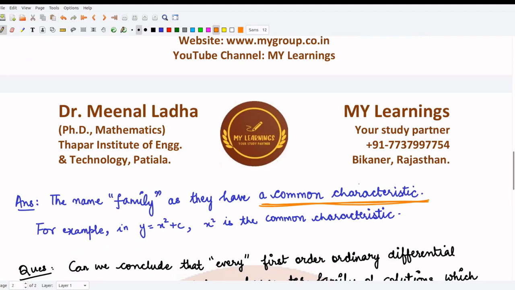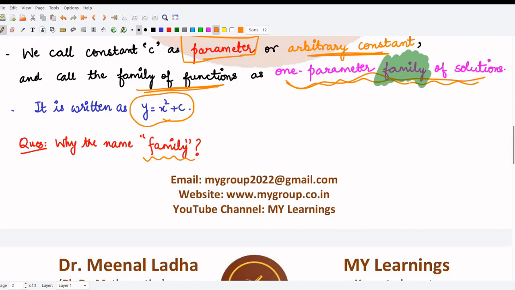Here also the solutions have a common characteristic. In our case, the solution came out to be y is equal to x square plus c, correct? So here the common characteristic is y is equal to x square. This is not changing whenever we change the value of c. Hence x square is the common characteristic here, and hence it comes under the label of family of solutions, correct?